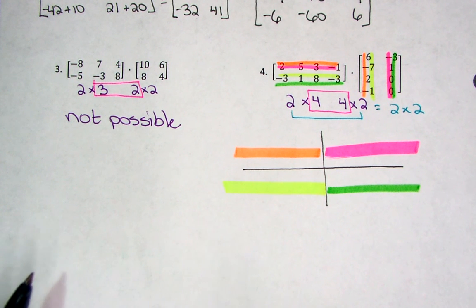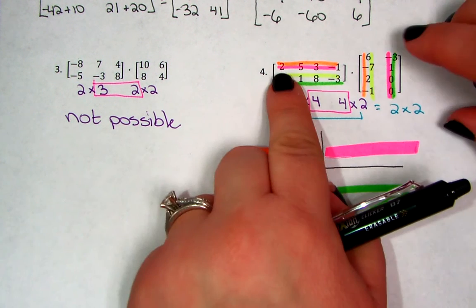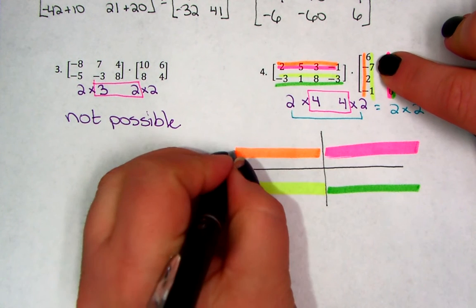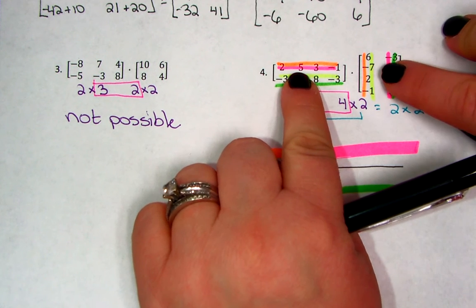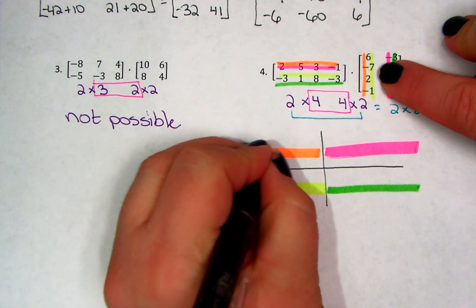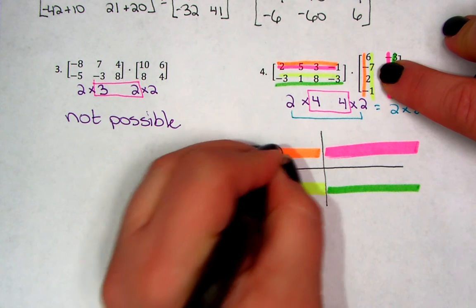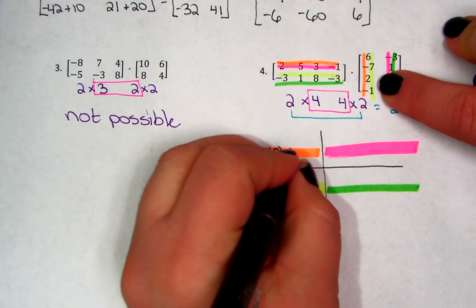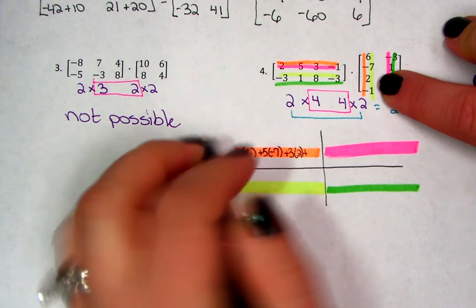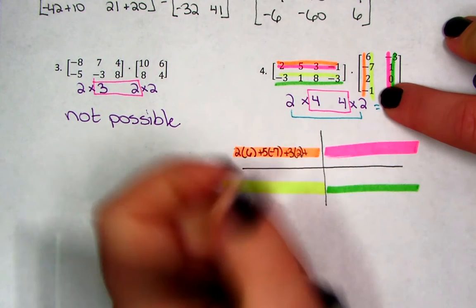This time we'll have a lot to multiply. 2 times 6 plus 5 times negative 7 plus 3 times 2, and finally plus negative 1 times negative 1.